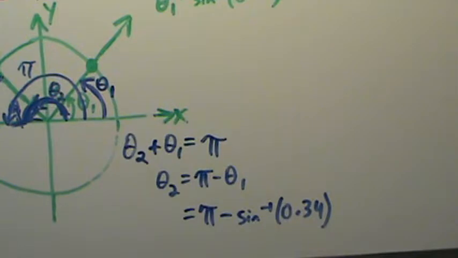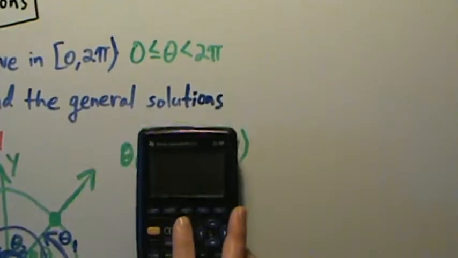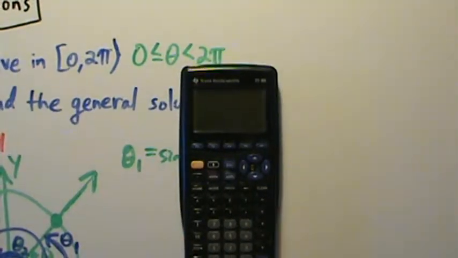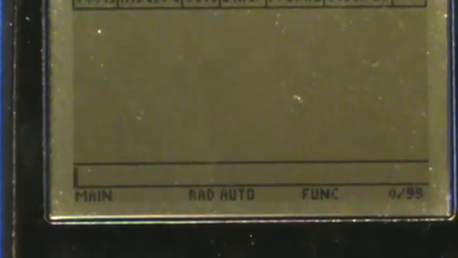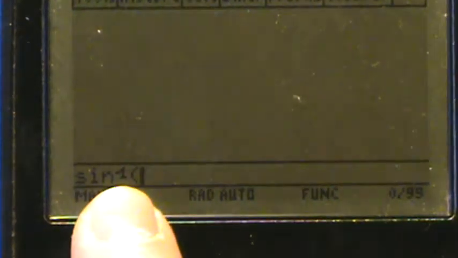Okay, now we can start tossing these into calculators. So let's go ahead and bring out our calculator. So we'll zoom in here. Now we want to make sure that we're in the radian mode unless otherwise specified. So this RAD right here tells us that we're in the radian mode. And we want to make sure that we do the inverse sine. We've got to have that -1 there. Do the inverse sine, not just the plain old sine.